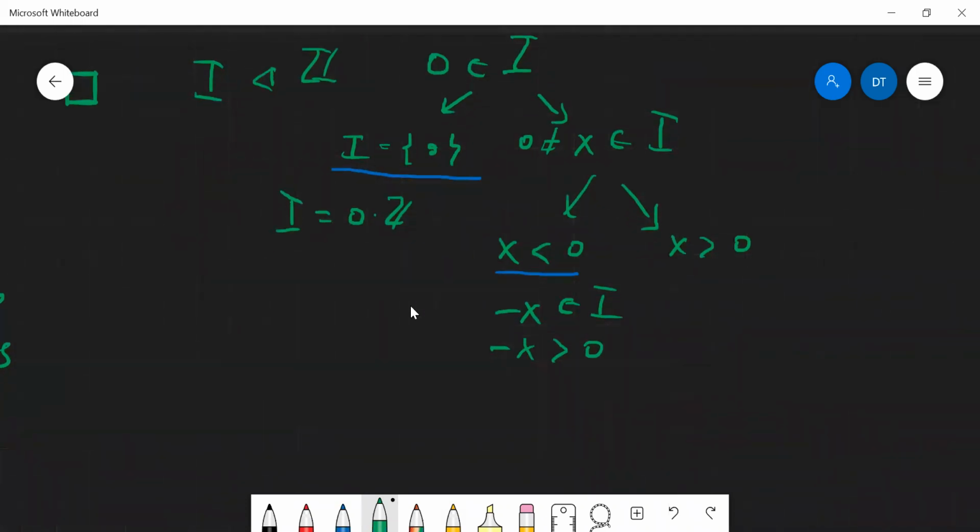So in both cases, we may assume that we have an element x greater than 0 inside our ideal I. Now we want to define n to be the least positive integer inside I.